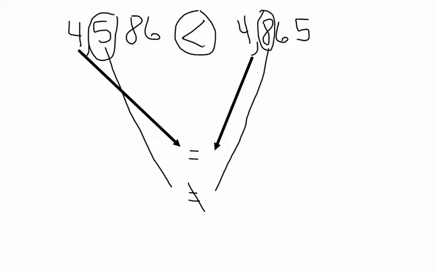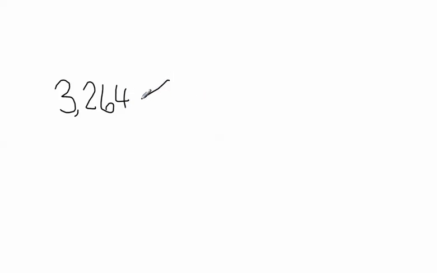Okay, let's try one of these. This was kind of a tough question, I think, on the common assessment before. Let's see how well you do with this one. If I gave you 3,246 less than 3,_64, sorry, I want to know this part right here.